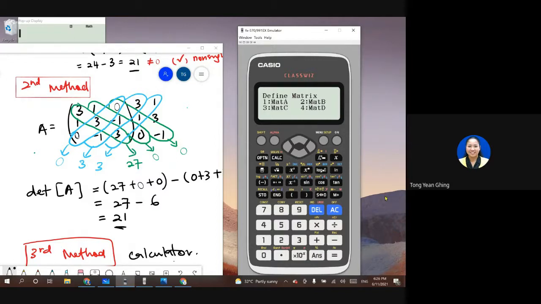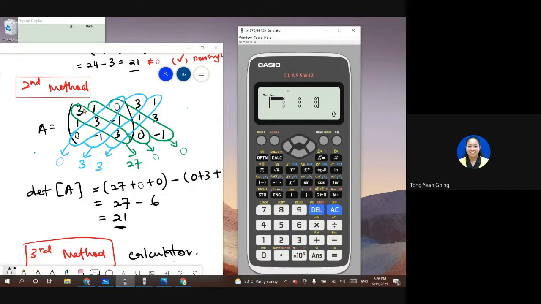So now I go back again. Sorry, Matrix, we go to this number 4. Let's say we define our matrix as matrix A, so we choose number 1. The number of rows is 3 and columns also 3, so we get a 3 times 3 matrix.